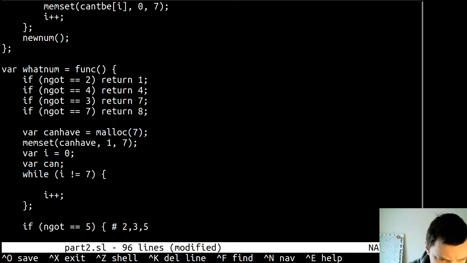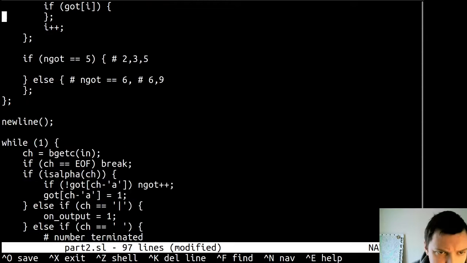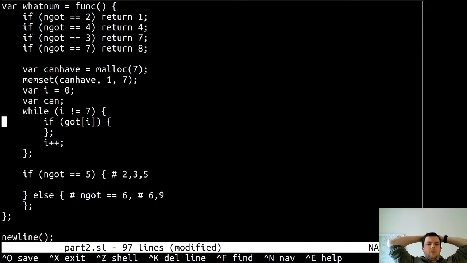So for each possible segment, if we've got that segment, are we asking if we've got that segment or if the segments we've got can't be that segment? Why am I finding this so difficult? Well, what do I want to write down here?